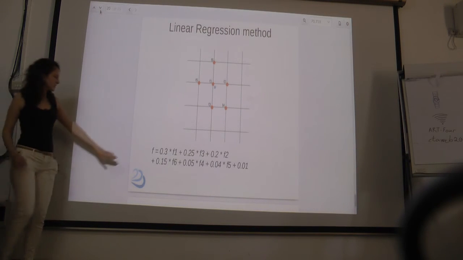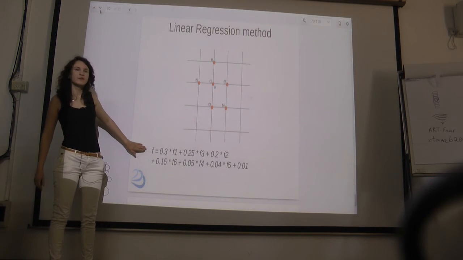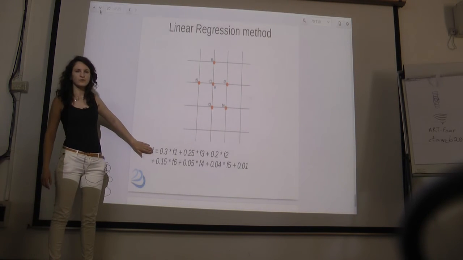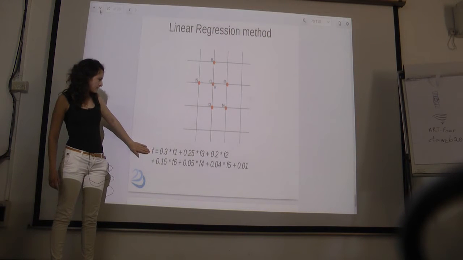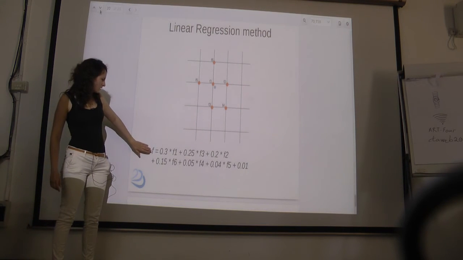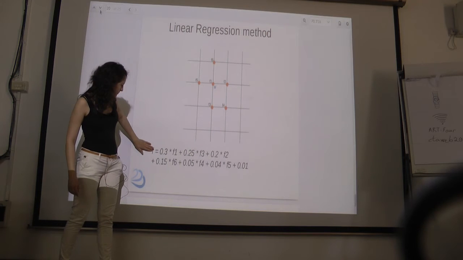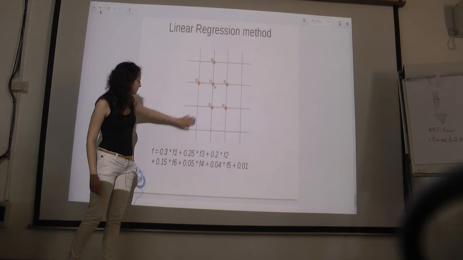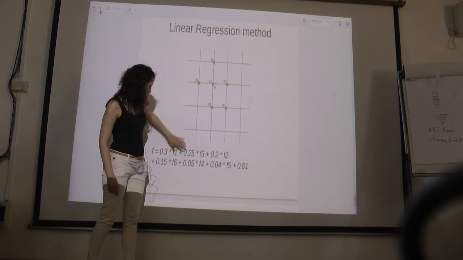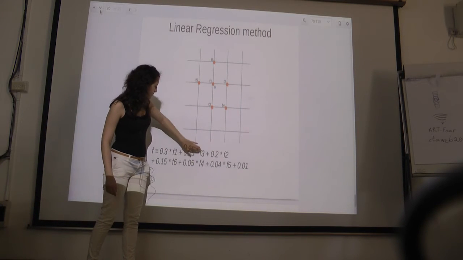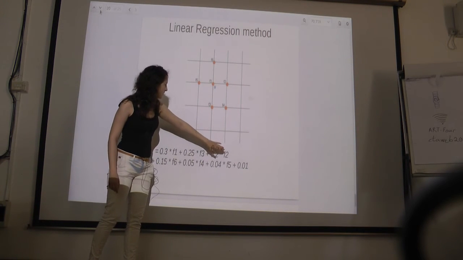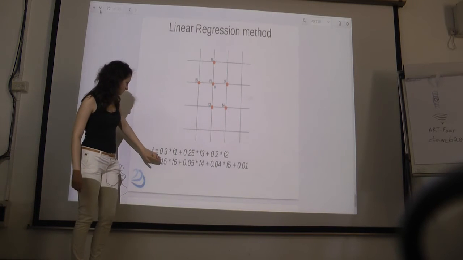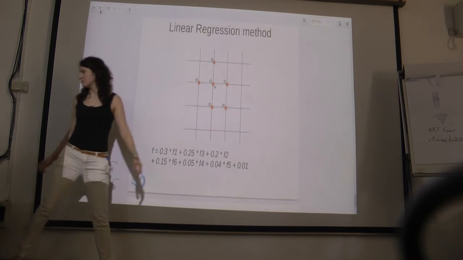So this is how we create a point forecast. The value of the point forecast at each time would be the forecast for this grid point times this weight, plus this grid point times this weight, plus this grid point times this weight, and so on.